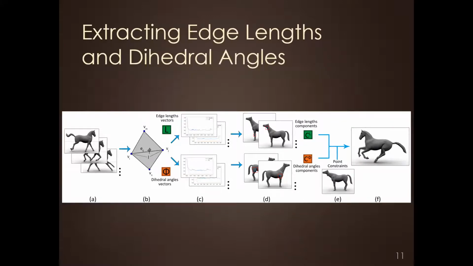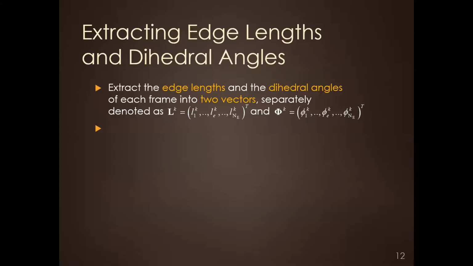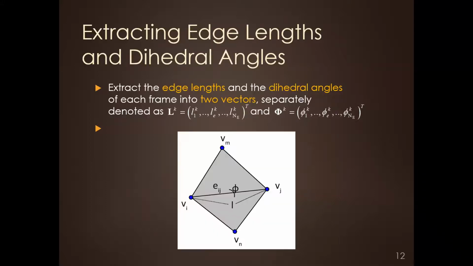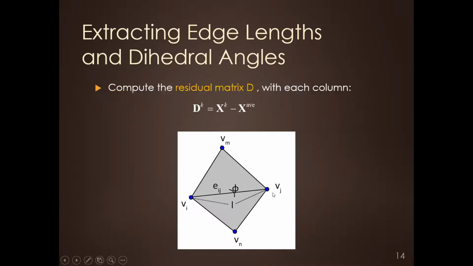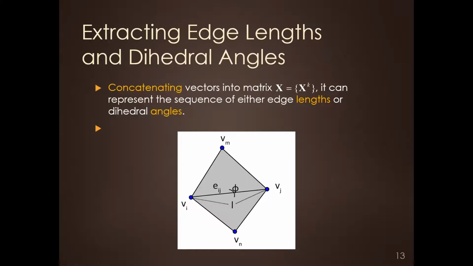And the first step is extraction, where we extract the edge lengths and dihedral angles of each frame into two vectors separately, denoted as L_k and phi_k. Here phi is the dihedral angles, and the length is denoted as L. And we concatenate vectors of the same type into a matrix X. X can represent either edge lengths or dihedral angles.